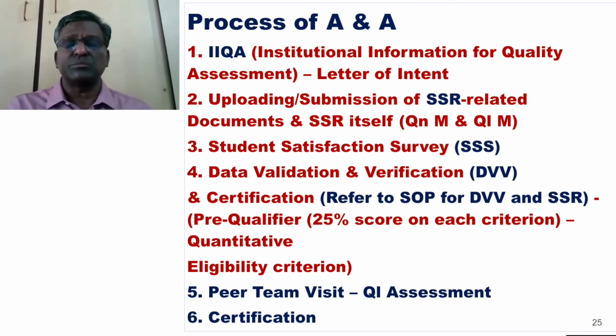So this is the most important slide as far as the third unit is concerned. I want you to remember terms like IIQA, SSR, SSS, DVV, and SOP, standard operating procedure, and all these procedures are available on the NAAC website.